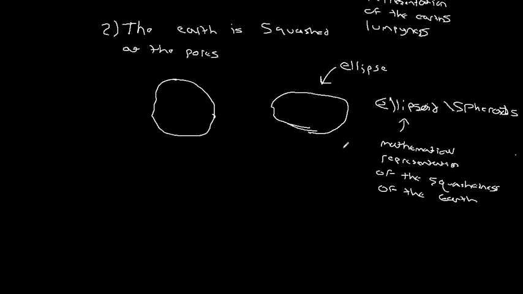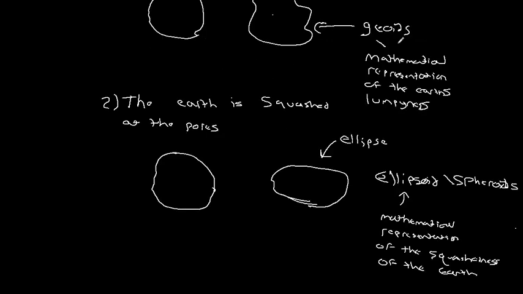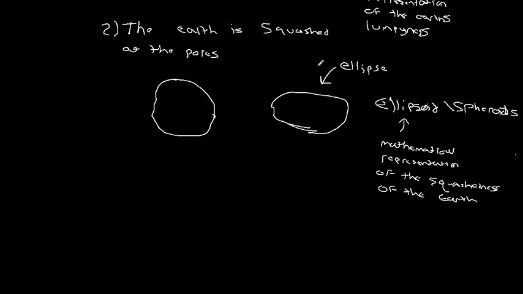But again, right, we can do all kinds of mathematical representations of an ellipsoid. So, geoid, lumpy, ellipsoid deals with the fact that the Earth is squashed, and we can use this ellipsoid as a framework for doing our latitude and longitude calculations.